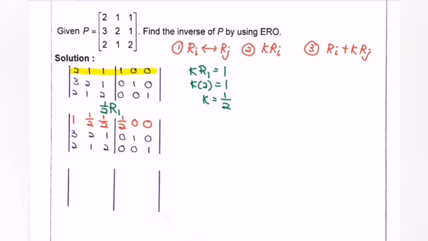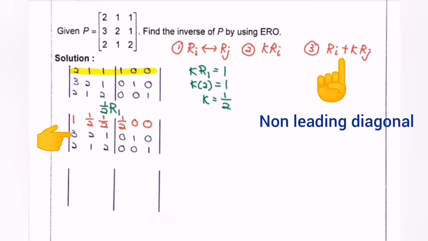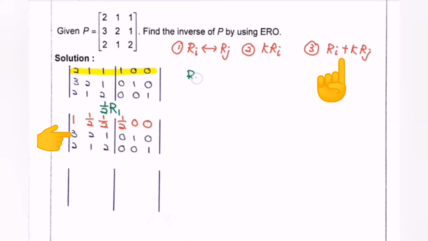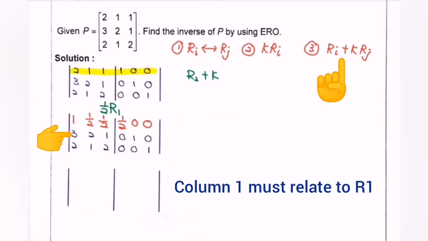Next, what we have to do is make sure the element A21, which is the 3, becomes 0. Normally, we are going to use operation number 3. Here we have row 2, because element A21 is the 3. So we name it row 2 plus k, and for column number 1 we must relate to row number 1. For the second column, we refer to row number 2.